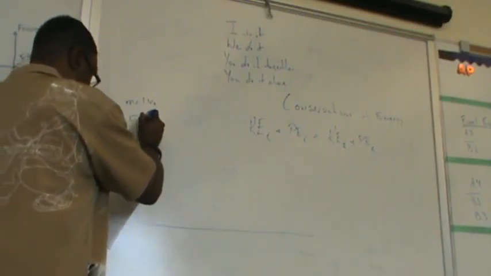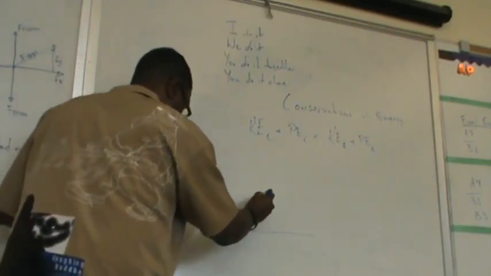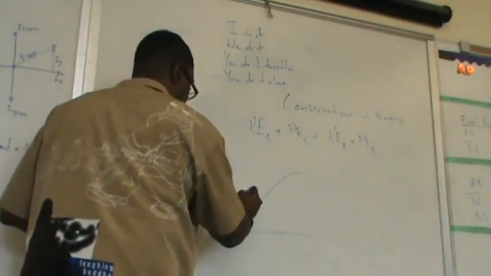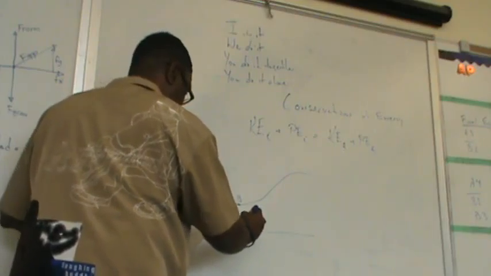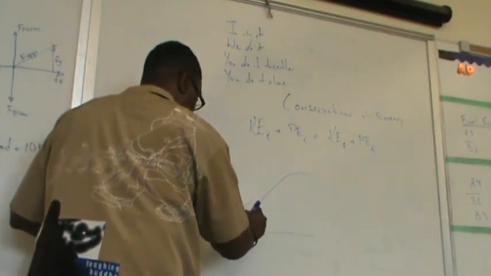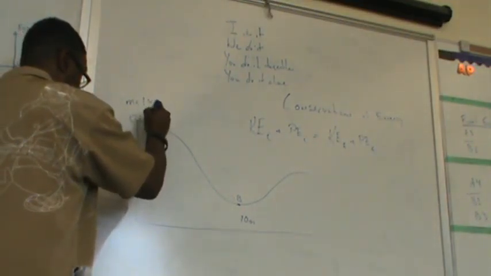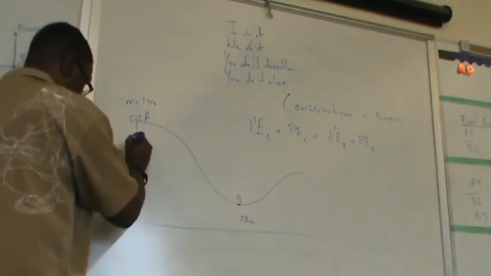And this block is going to travel this path. At this point right here, point B, is 10 meters up from the ground. The beginning point, point A, is 30 meters.